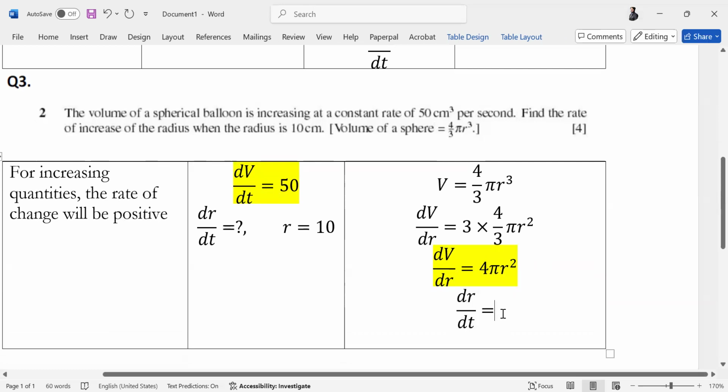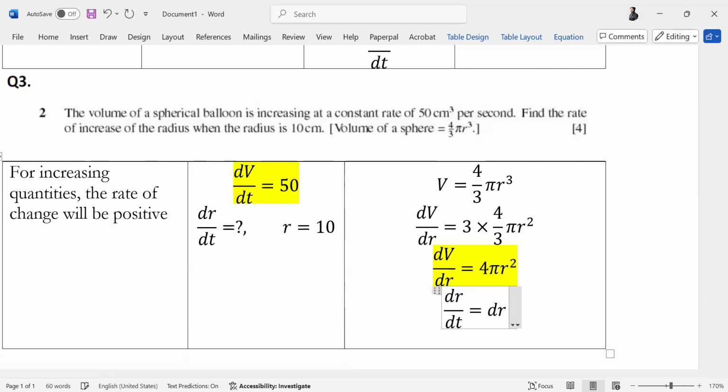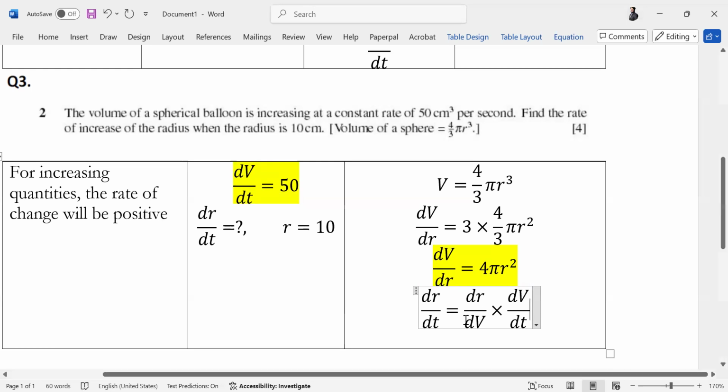So I need dr in the numerator. I can just write it as dr by dv. And I will multiply it with what? dv upon dt. Now you can verify कि क्या मैंने chain rule सही बनाया है. Can I cancel out this dv and dv? And will I get what is needed on the left side? हम कर नहीं रहे हैं cancel.